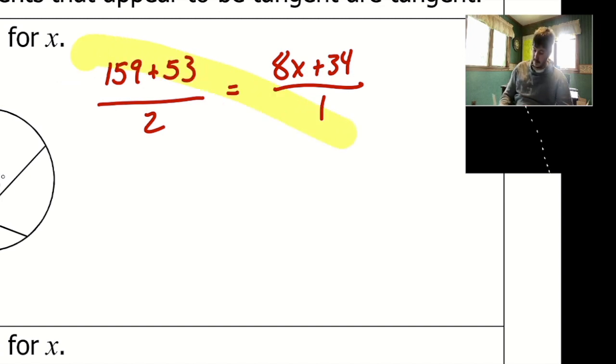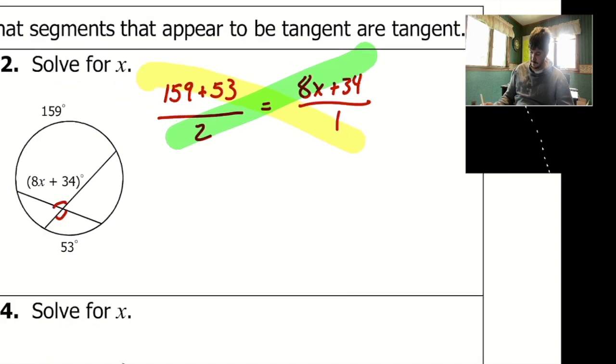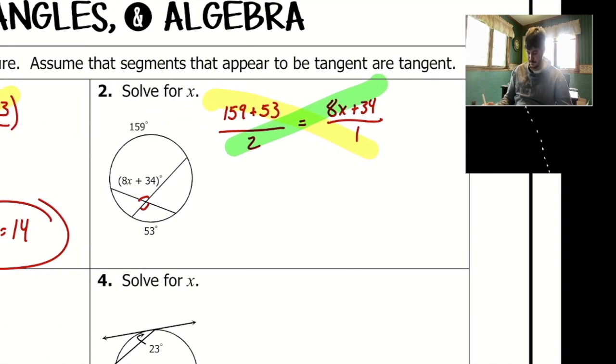And then we're going to cross multiply. I'm going to cross multiply the x ones first. I'm going to double both of them. 16x plus 68 equals 159 plus 53, which is 212.